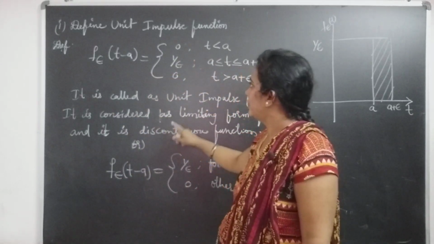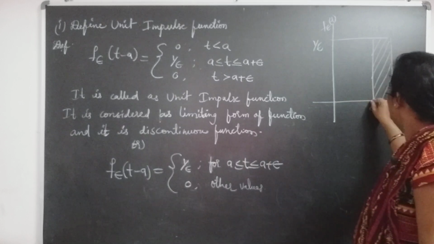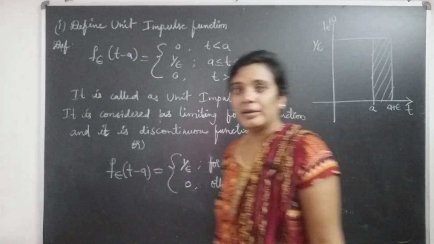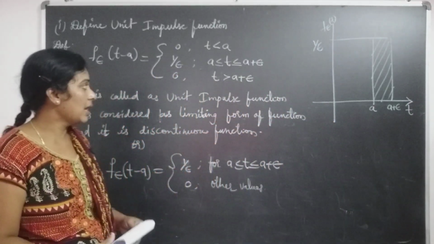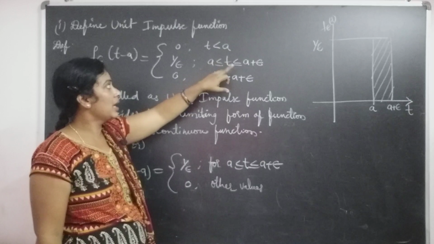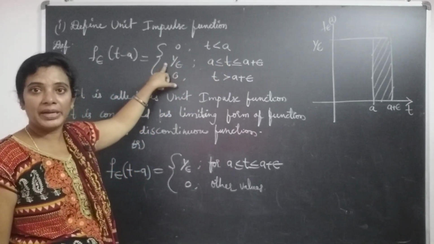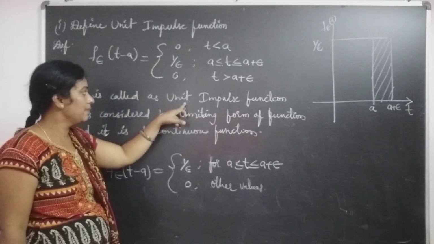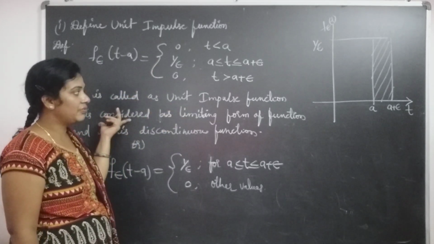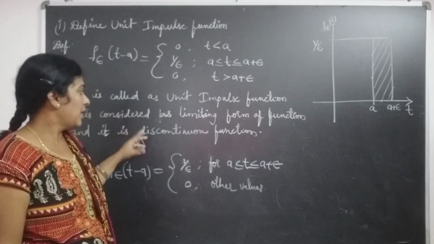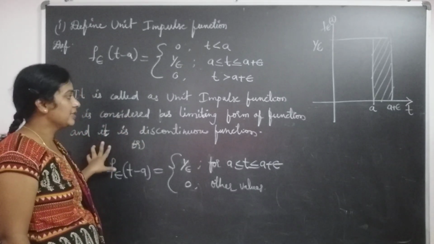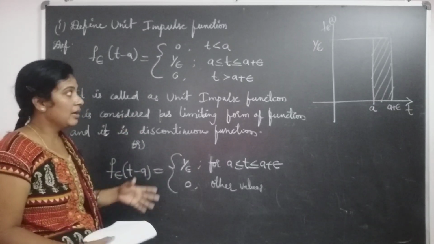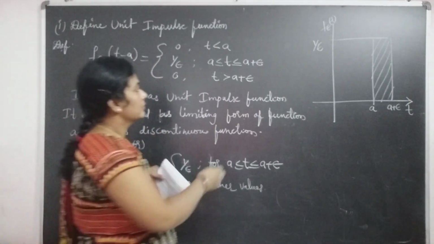It is a discontinuous function because before a the function is 0, and after a plus epsilon the remaining values are also 0, except from a to a plus epsilon, where the function value is 1 by epsilon. Then this function is called the unit impulse function, considered as a limiting form of a function, and it is discontinuous. This can be defined in another way also. This carries 2 marks.